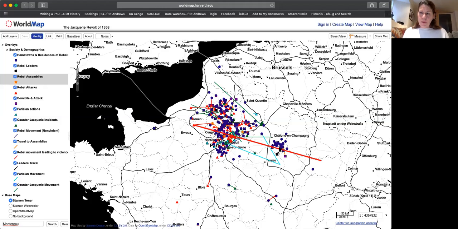But repression and reprisals began already in mid-June, after that big defeat at Meaux and another almost simultaneous one near Clermont in the area around the city of Beauvais, north of Paris. Actions linked to that repression are marked by the green triangles and lines.